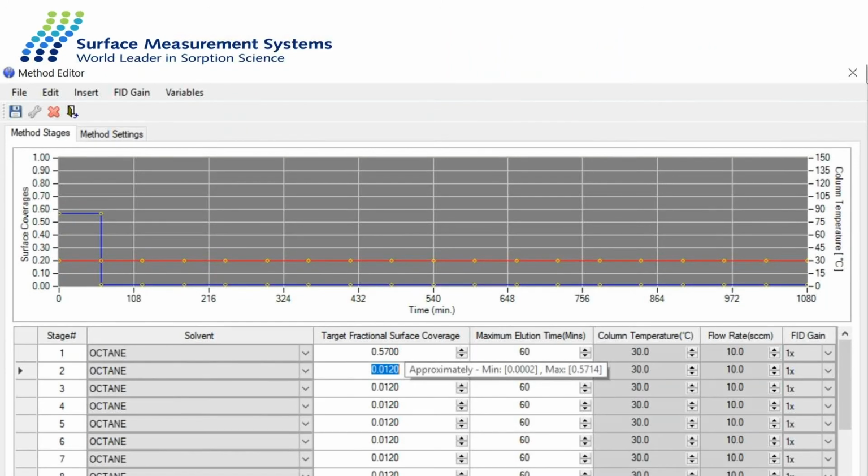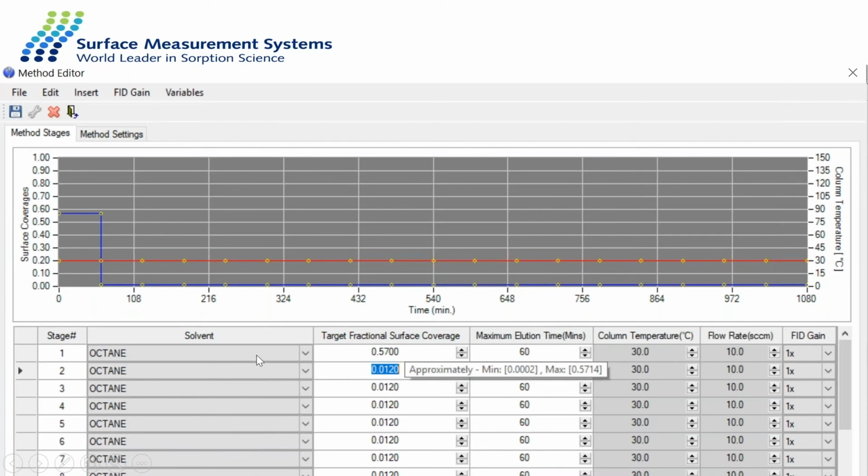Once you have created the sample ID and selected the type of injection, you can create the method. A series of injections from a probe, in this case octane, or you can also use heptane, is to be inserted.